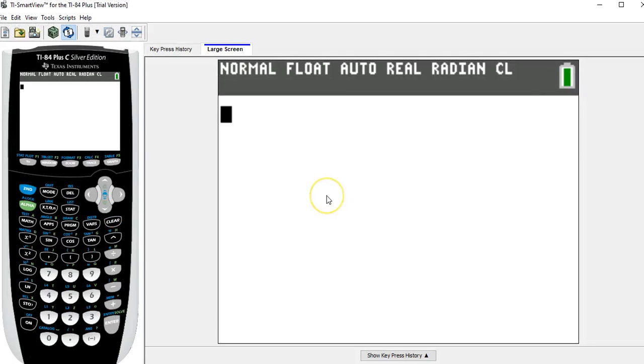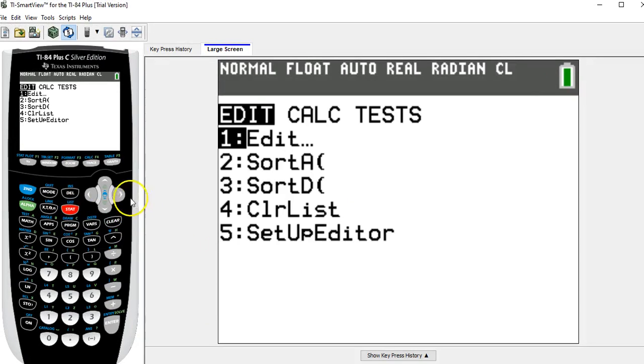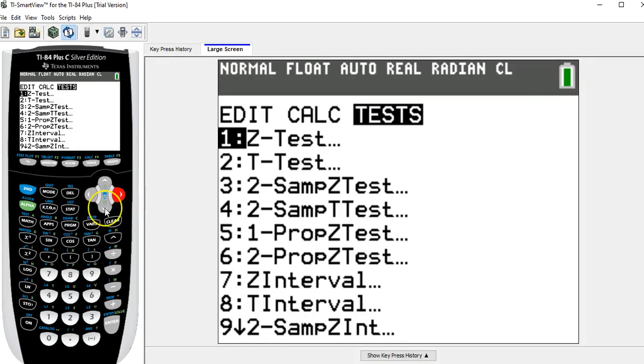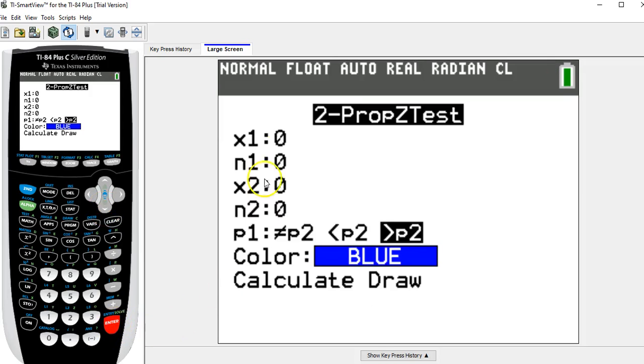So on the calculator, I'm going to go to Stat, Tests, and for this one, I'm going to 2-PropZTest. When I go there, x1 and n1 are the sample data from the first proportion, which was the men's calls. Now for the men's, it said 425 of 1422.